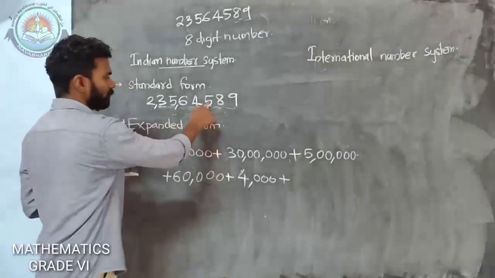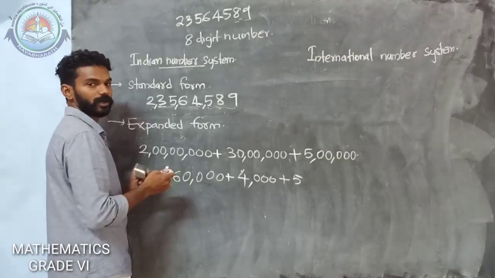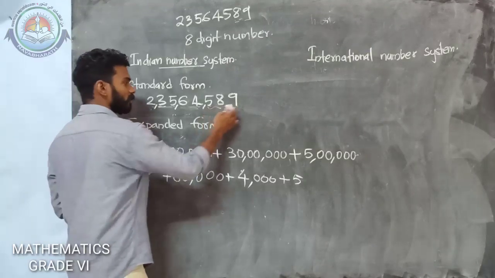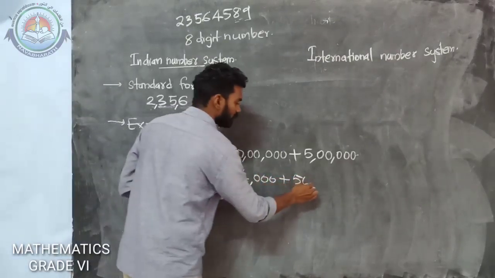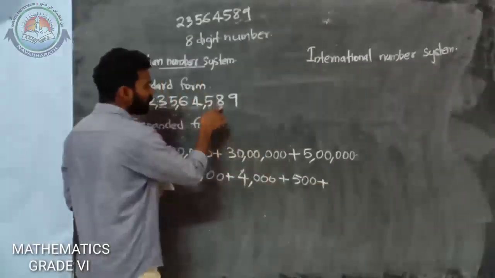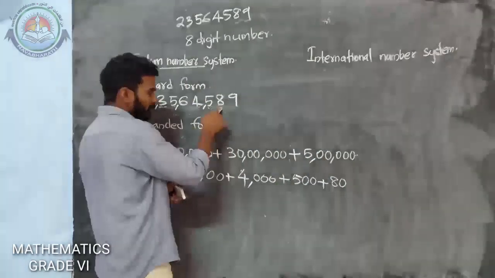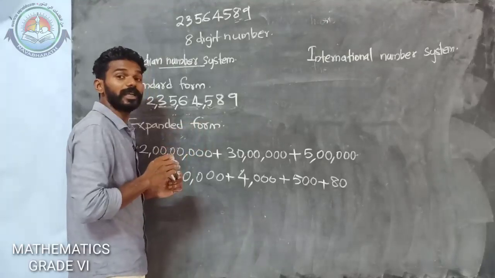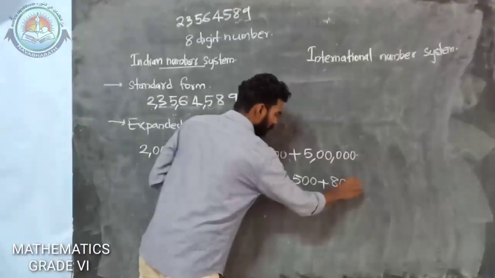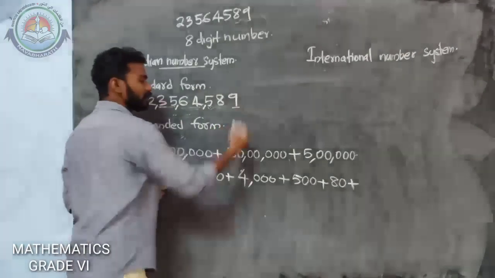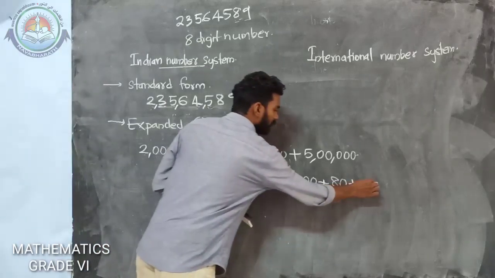Plus 5. There are no commas now. You don't want to put further commas here. Now, how many zeros would be there? 2 zeros. Plus the remaining number 8, and it represents tens place, which means this 8 represents actually 80. So it is done. The final number on the ones place, 9, simply represents 9 itself.